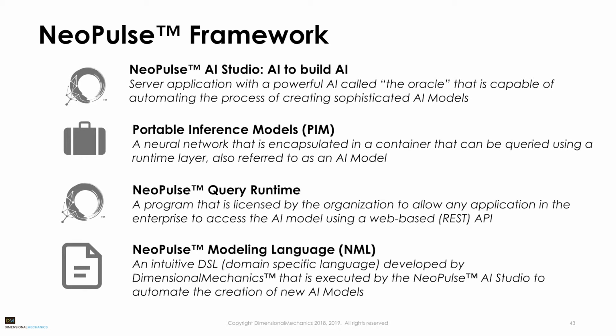We've also created our own language. It's a DSL called the NeoPulse modeling language. The NeoPulse modeling language is a Turing-complete language that you can do very complex things with. You can define your own functions, define your own layer models. You can explicitly describe an architecture. You can specify hyperparameters, all of that, if you know what you're doing.